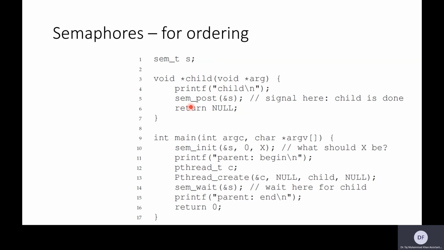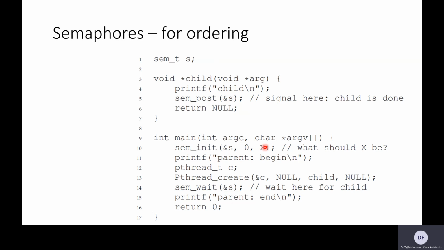And if the child thread by any chance ran first and the main thread ran later and called semwait after the child thread has already finished, in that case semwait should return immediately and the main thread should continue its execution. So what shall be this initial value of x?